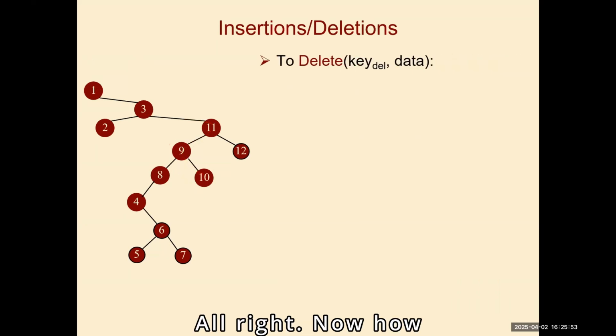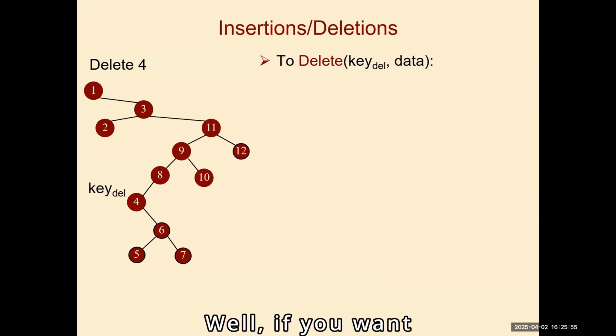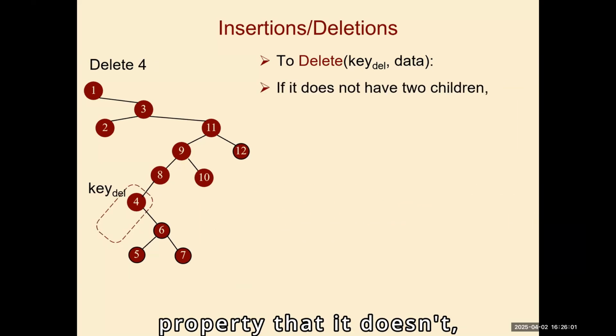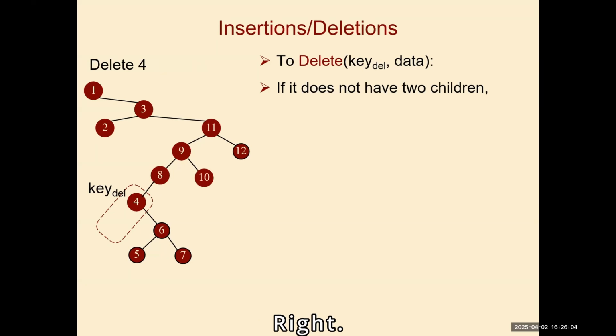All right, now, how do you delete? Well, if you want to delete 4, 4 has this magical property that it only has one child. And you'll note that everybody in the 4 tree is less than the 8.